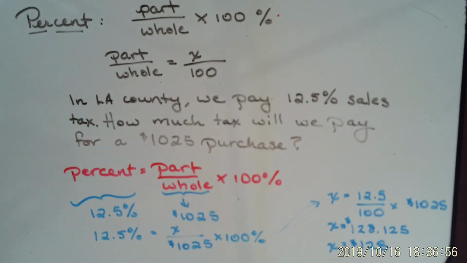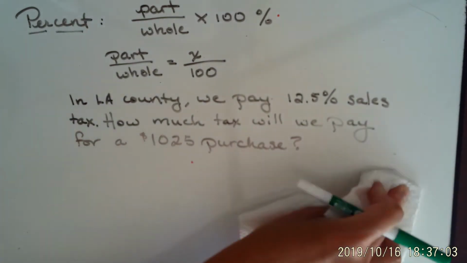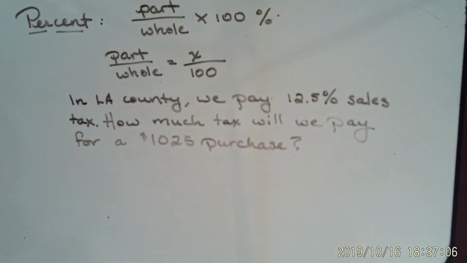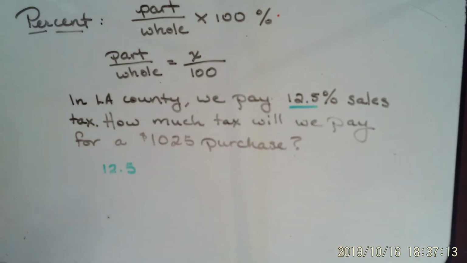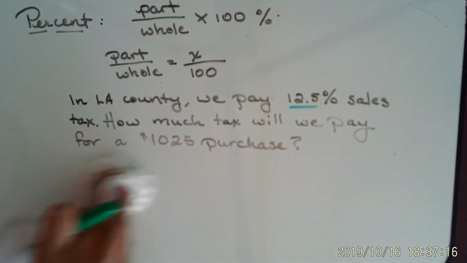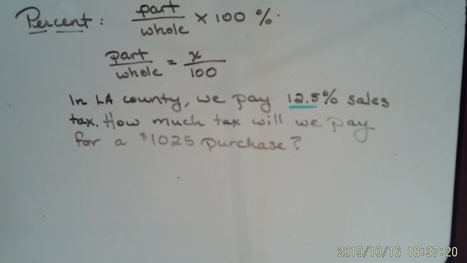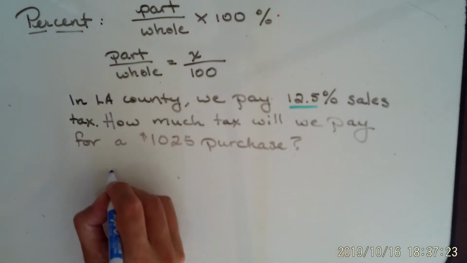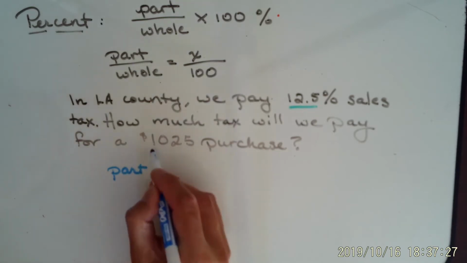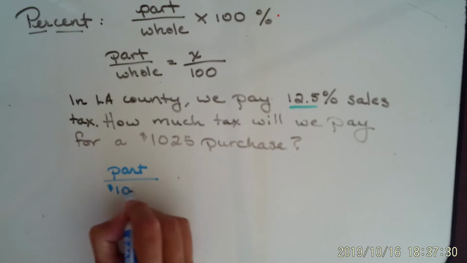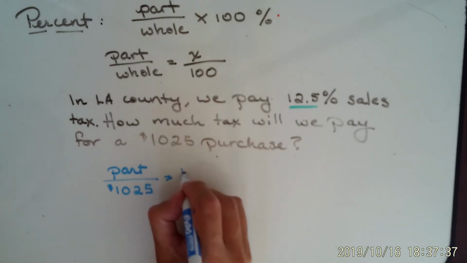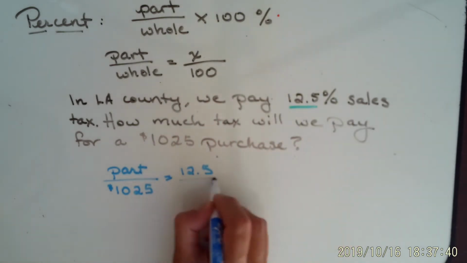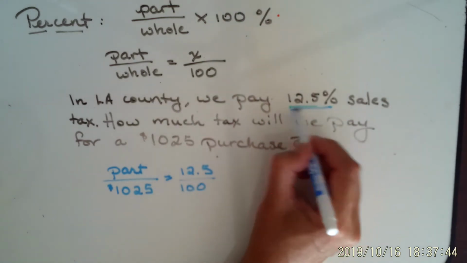Okay, so if we use the equivalent ratios, we can say part, which is what we're looking for, divided by the whole, which is 1,025, is equal to, and we use this ratio, 12.5 for every 100, because that's this ratio.